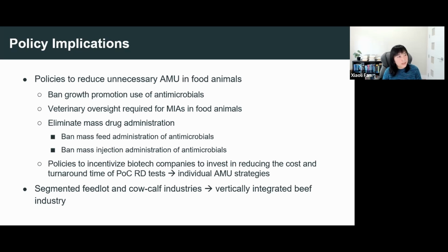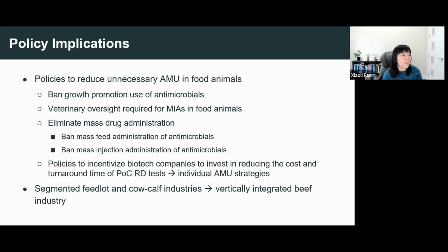The other implication is that there could be policies to reduce unnecessary antimicrobials in food animals. Right now in Canada, we have already banned growth promotion use, and we have already required veterinary oversight or prescription for medically important antimicrobials. Maybe Canada in the future will follow the EU and also ban the preventative use of antimicrobials in feed.